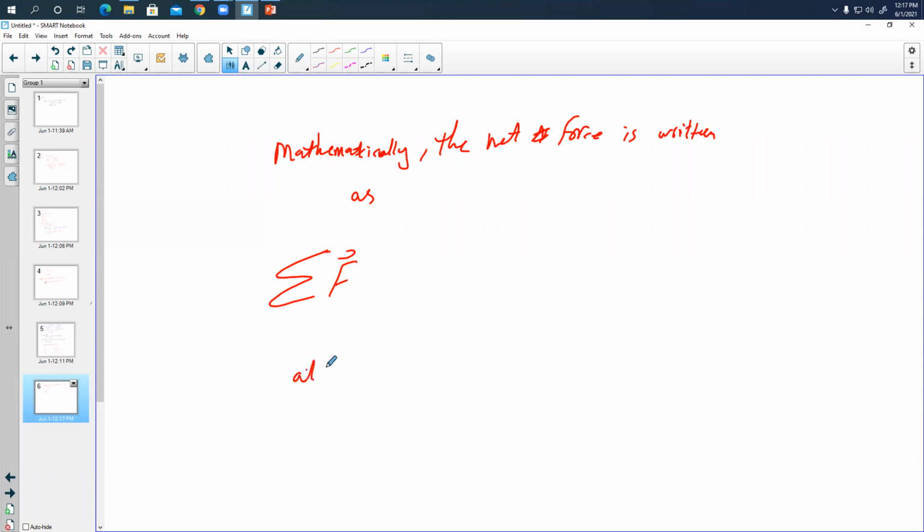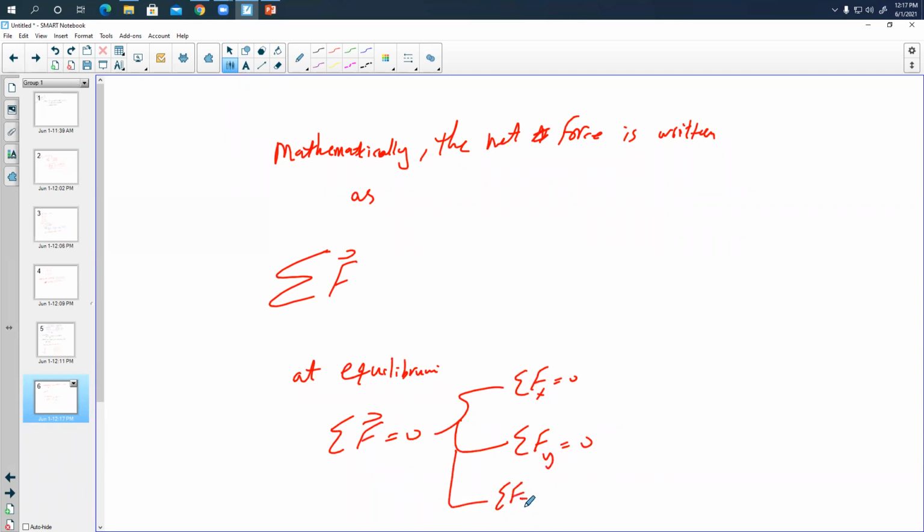Now, at equilibrium, your sigma forces has to equal 0, which means all the forces in the x direction have to equal 0. All your total forces in the y direction have to equal 0. And then if you have z, all your forces in the z direction must be 0, which we're just going to be doing two dimensions right now. And that brings us to Newton's third law of motion.